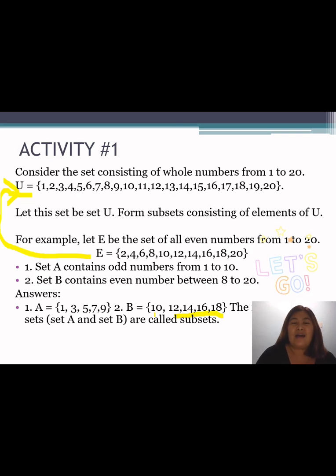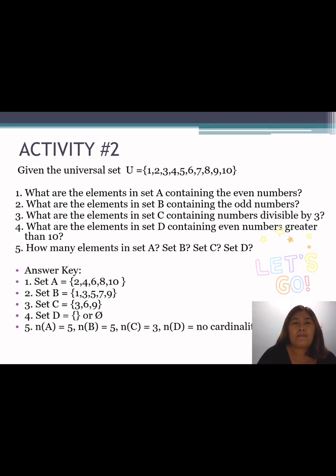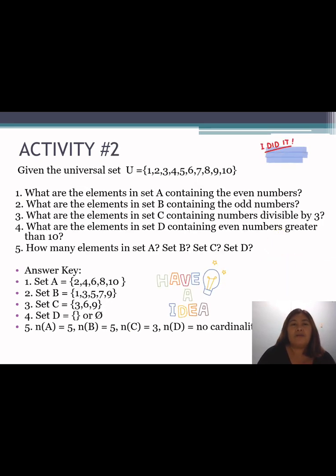I hope you understand our discussion about subsets. Another example: given the universal set U, which has the elements 1, 2, 3, 4, 5, 6, 7, 8, 9, 10.